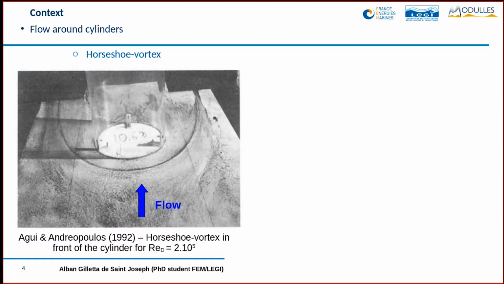Upstream of the pile, we have the so-called horseshoe vortex. Here you have a picture of an experiment done for a certain Reynolds number, where a turbulent vortical structure goes around the pile and is really responsible for the sediment scour process upstream of the pile.